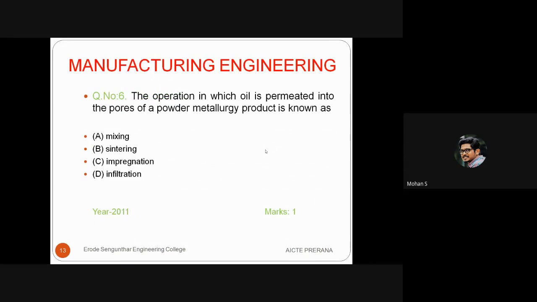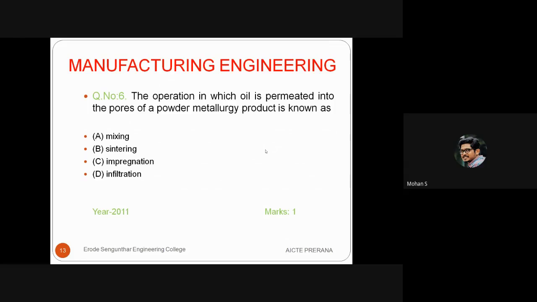Let us move on to question number 6. It was asked in the year 2011, and it also carries one mark. It comes under the powder metallurgy process. The operation in which oil is permeated into the pores of a powder metallurgy product is known as what? First we have to know what powder metallurgy is.